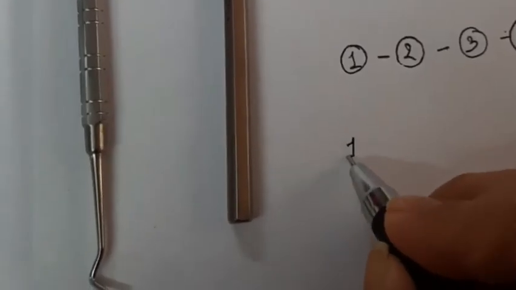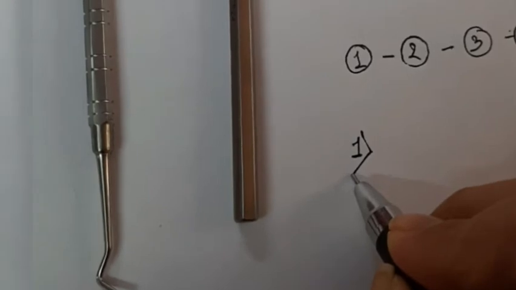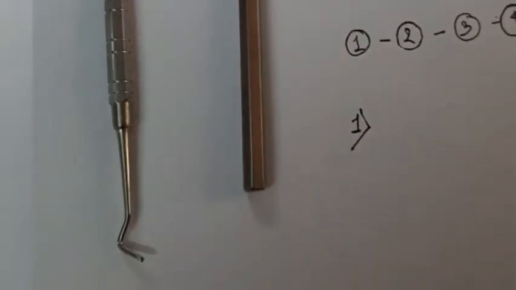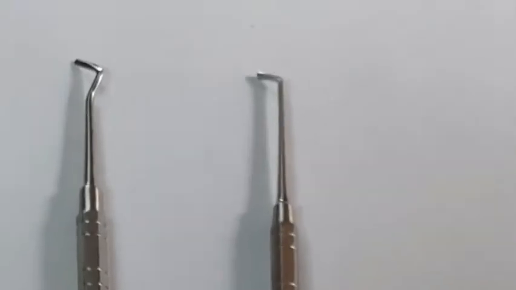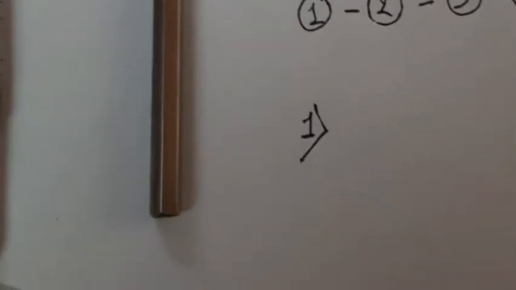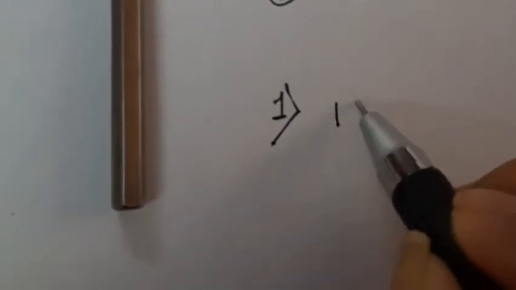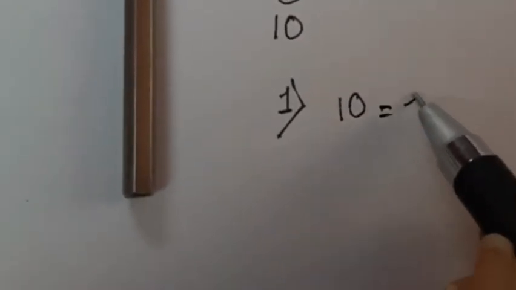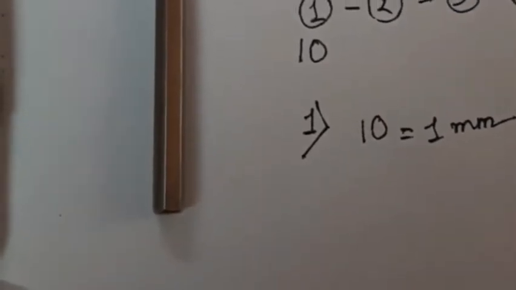The first number, usually given in a 2-digit form, is the width of the cutting edge in tenths of a millimeter. That is, if it is written 10 in the formula, then it will be 1 millimeter width of the cutting edge.